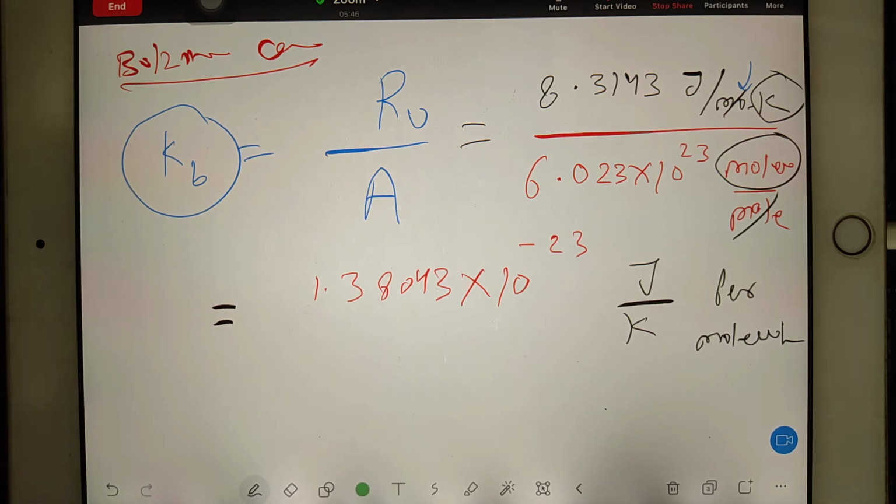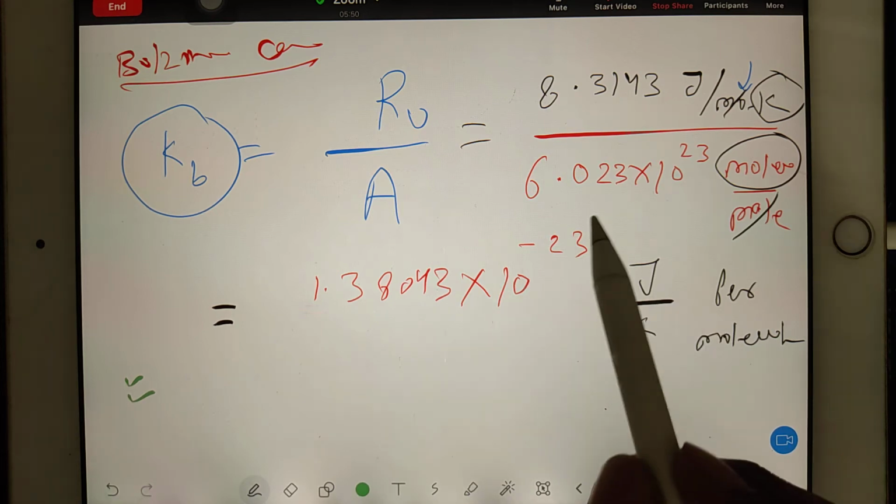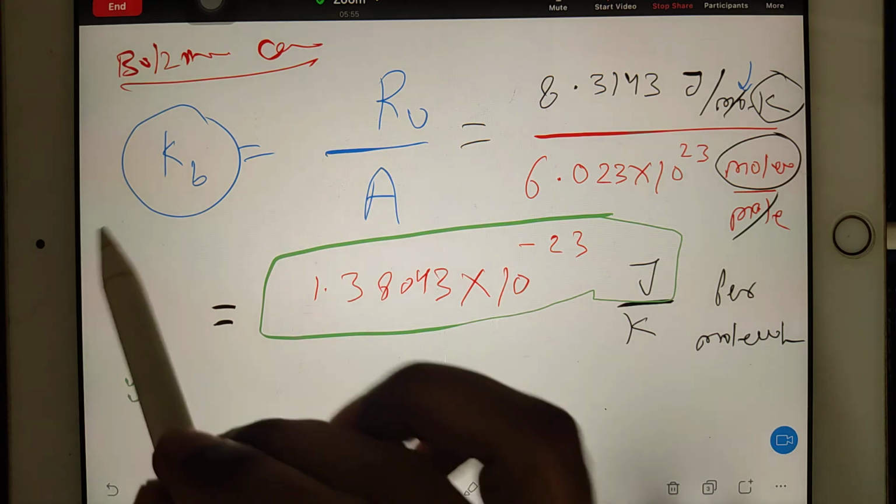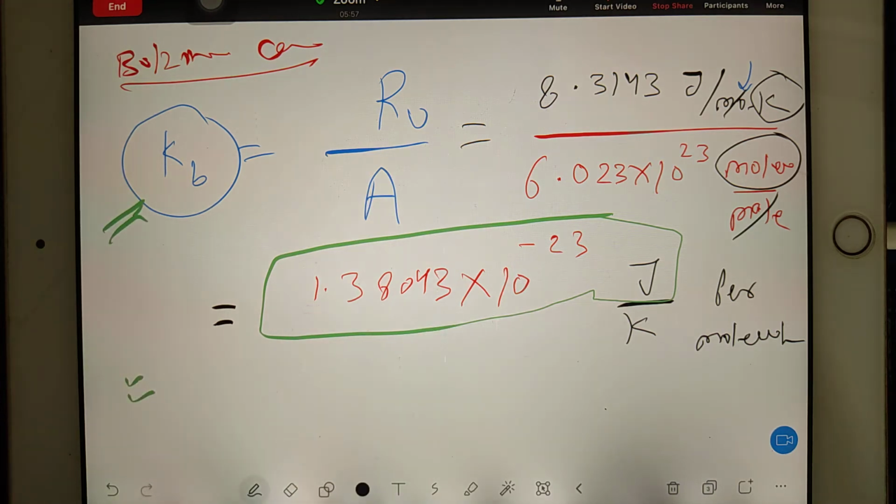What does it mean? It is saying this much amount of joule, meaning energy, but in this case average kinetic energy.